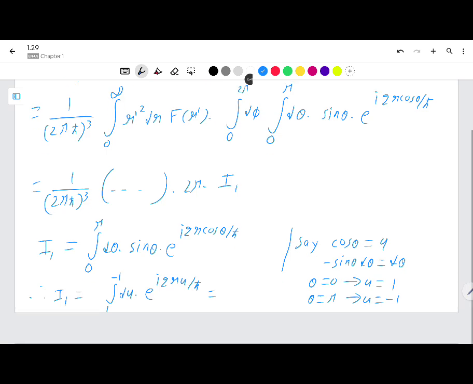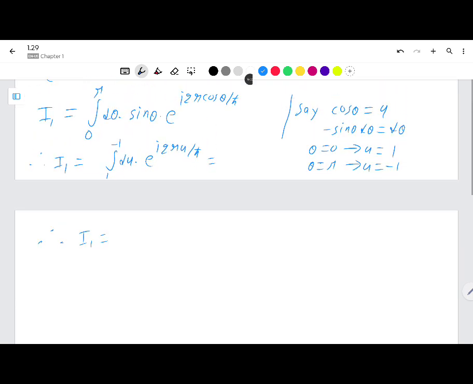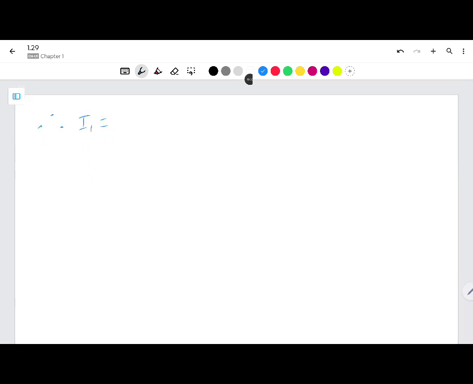okay, I can just write it downwards. e to the power i q r u over h bar divided by i q r over h bar. The limit is from 1 to minus 1. Okay.